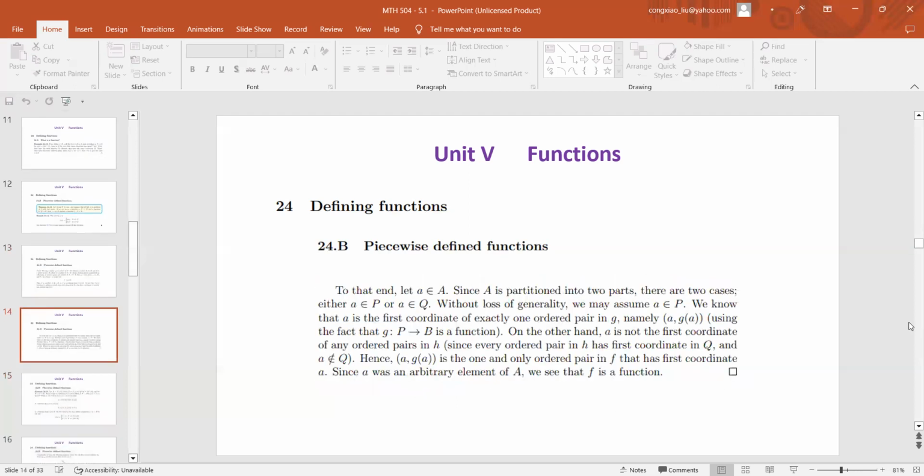Let's pick an element in A, and we are going to show it pairs with exactly one element in B.